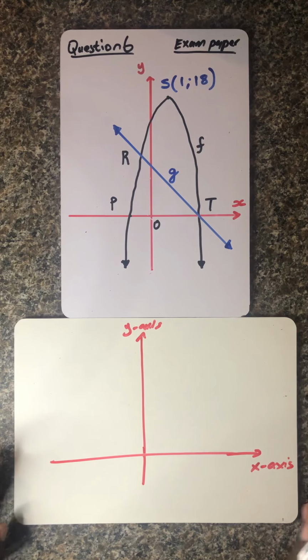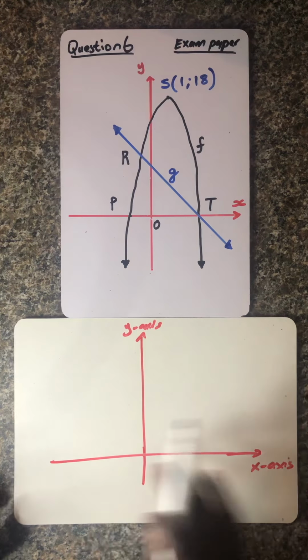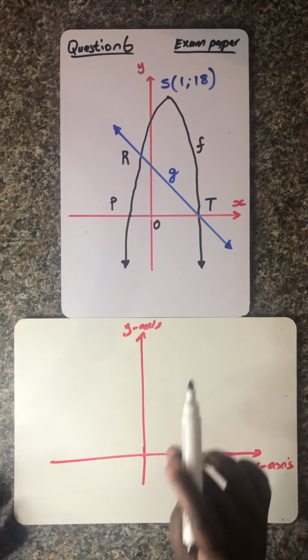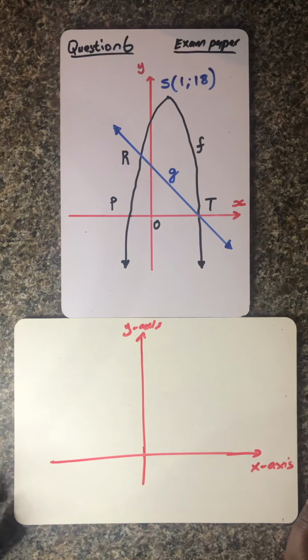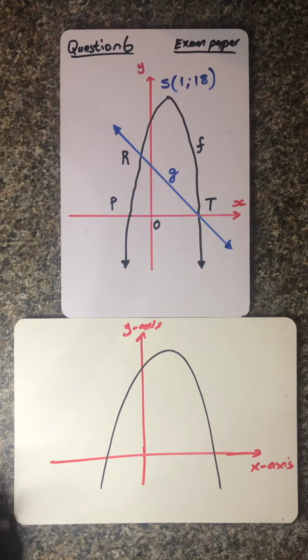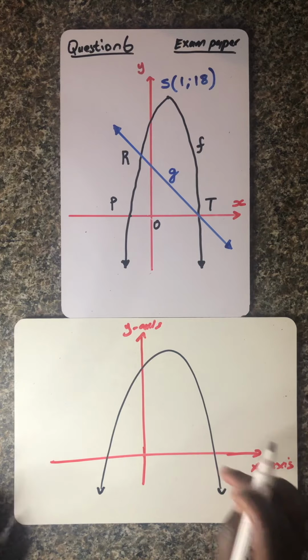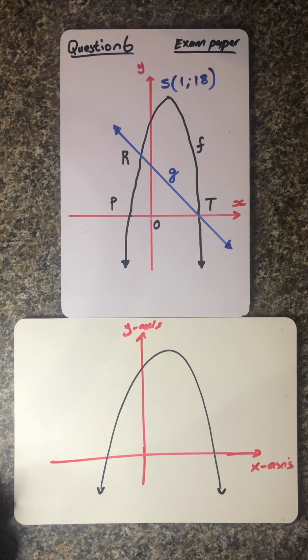Okay, so based on what I drew over there, you've got your two axes, which are the x and the y-axis. Then on this set of axes, ladies and gentlemen, we're going to draw the graph. So this is a parabola. Obviously we can see it's a parabola because of its shape.